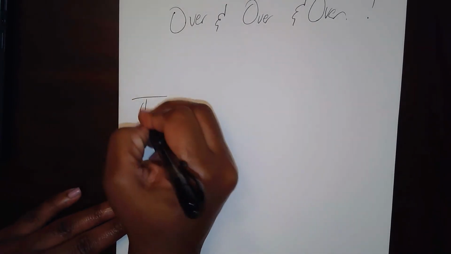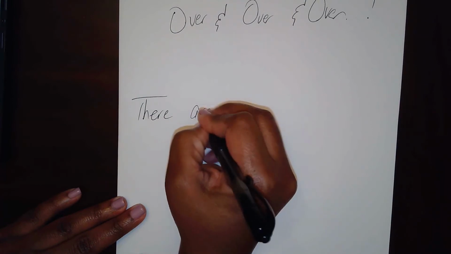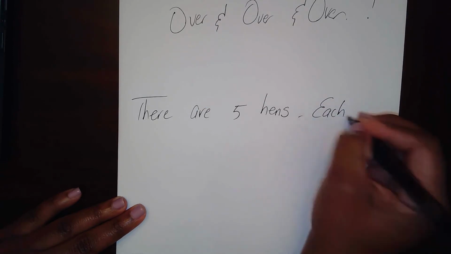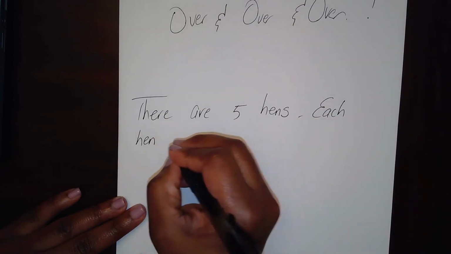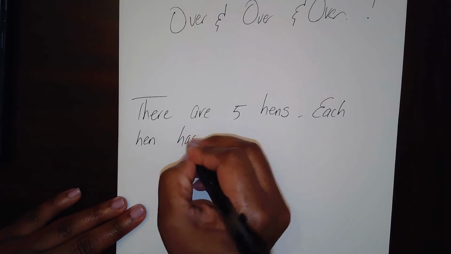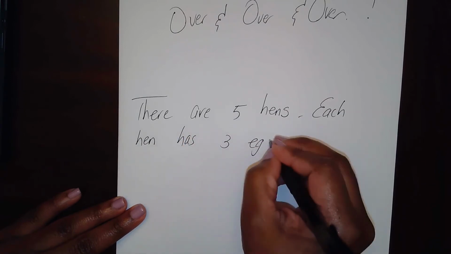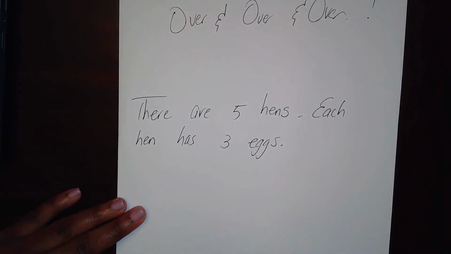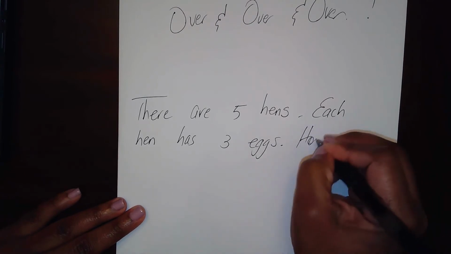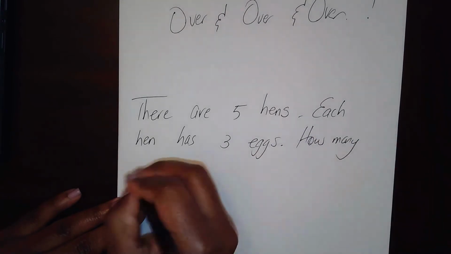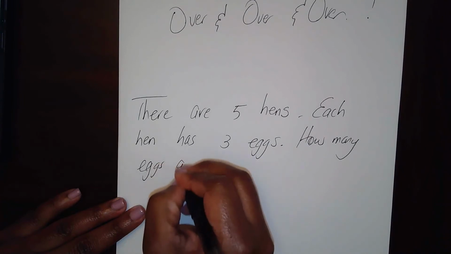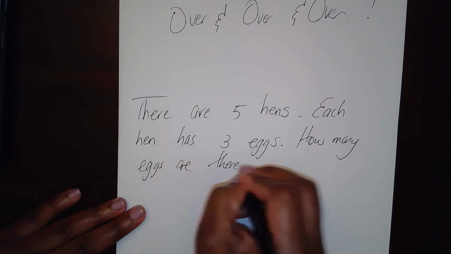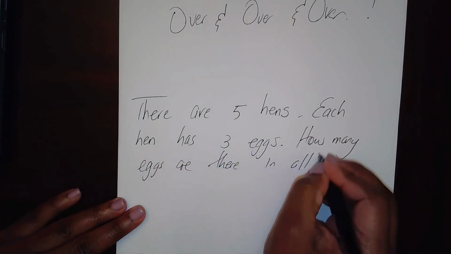There are 5 hens. Each hen has 3 eggs. How many eggs are there in all?